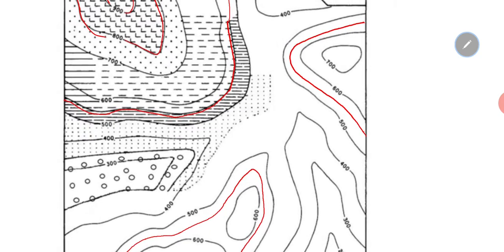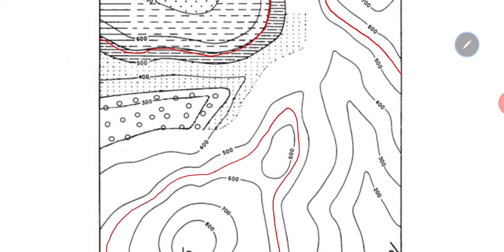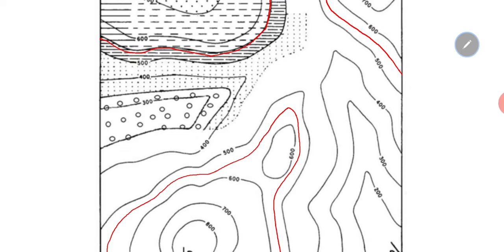Next, if you look at the bottom of the map, at the middle of the map here, you have another line, which is 350 to 400. So between 300 and 400, we have this in-between line, which is the 350 contour. It stops here.